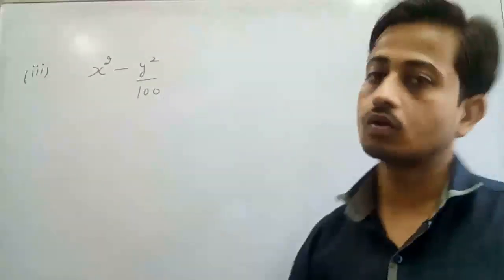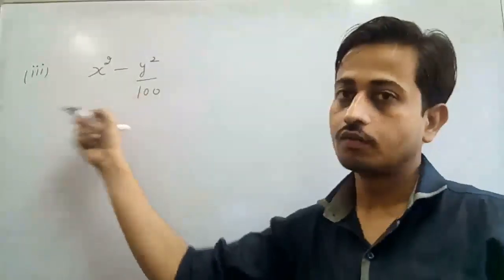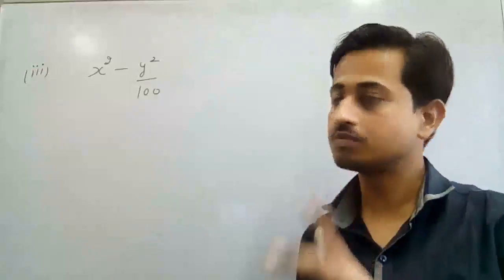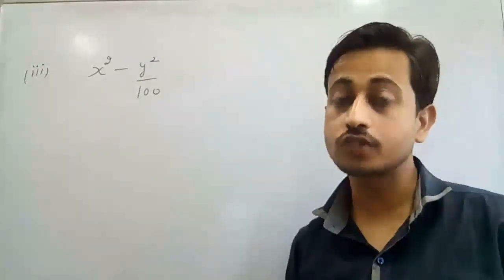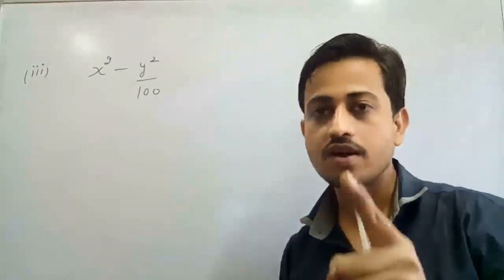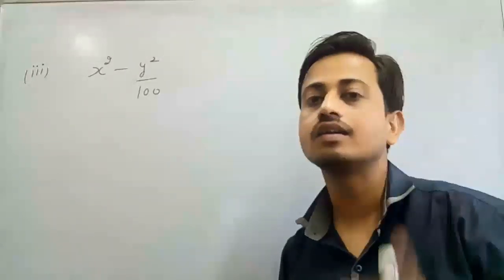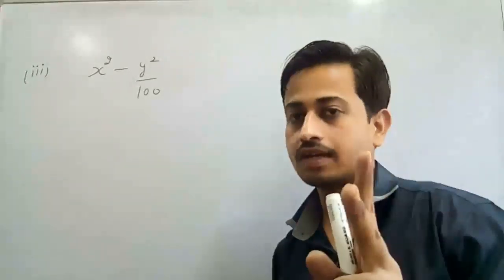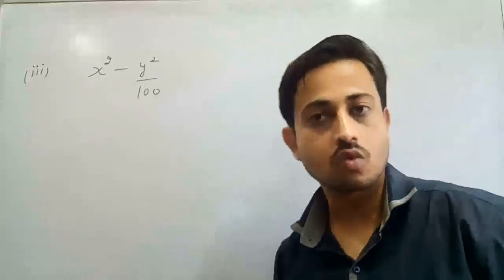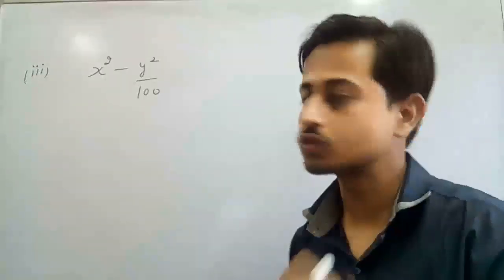Now the third part of question number 3. We have two terms, and both the terms are in terms of squares. What's the identity? A very important identity, identity number 3: (x minus y) into (x plus y) is equal to x square minus y square.